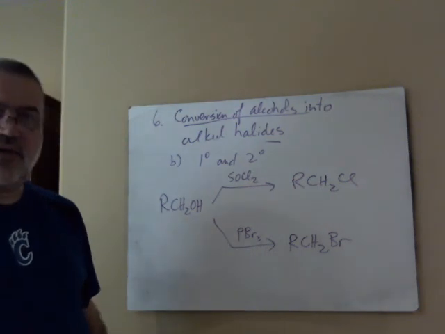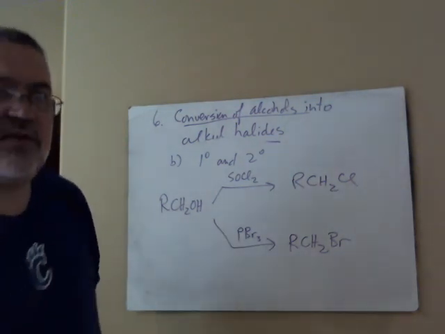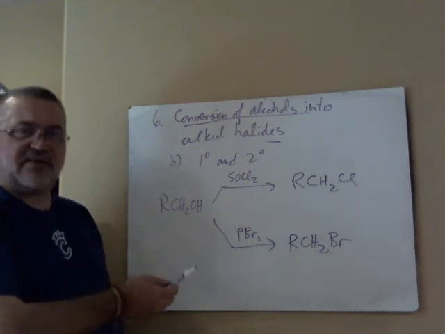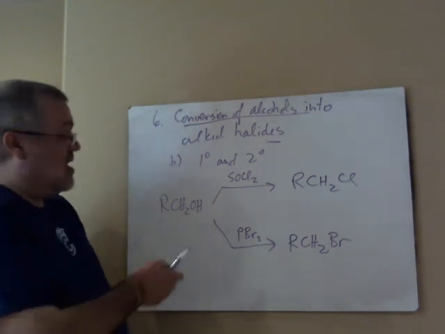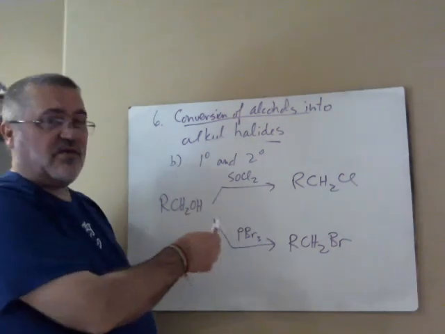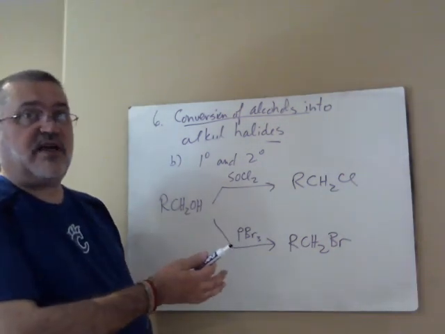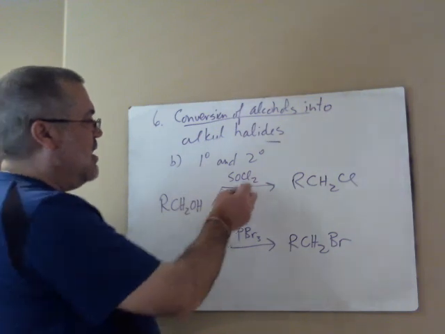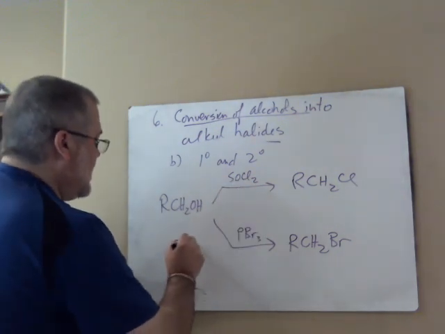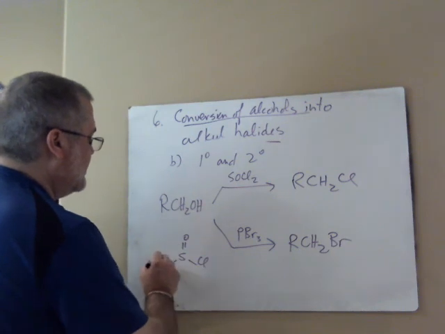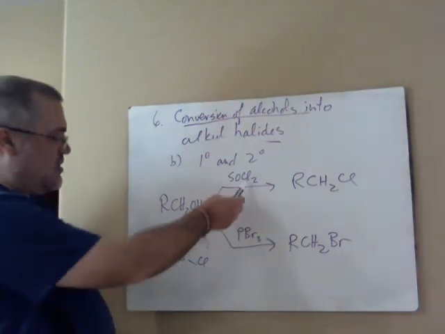Okay, and so I'm going to let you all think, because this might be something that you may want to ask in one of the sessions at 11. But the mechanism of this occurs really just like POCl3 did for the most part, because I'll just show you this to get you started. Thionyl chloride has this structure.